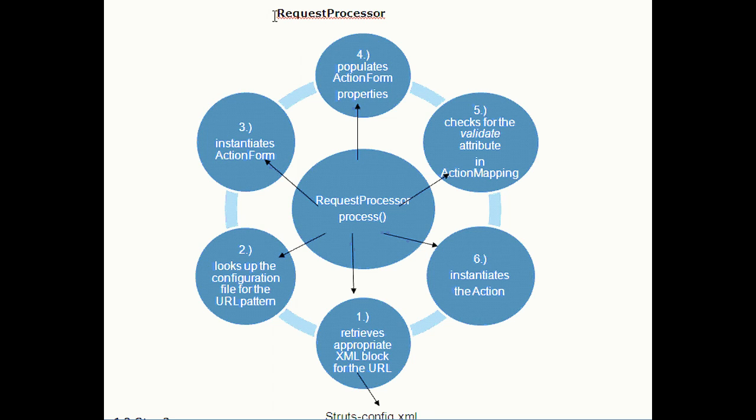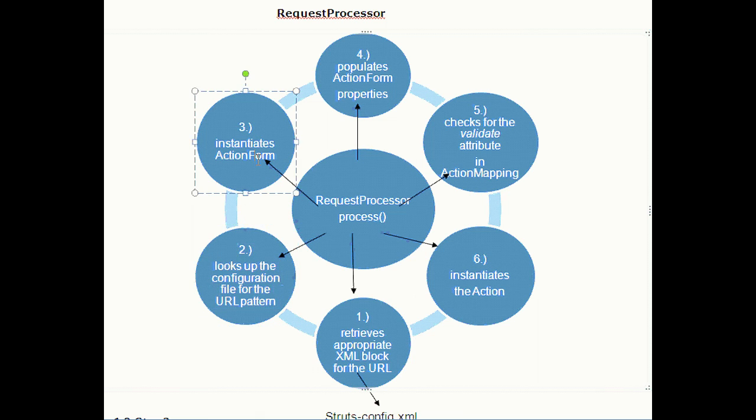After the Struts configuration file is loaded into the memory, the request processor class does the following things by using its process method. First, it will retrieve an appropriate XML block from the Struts configuration file for the URL. In the second step, it will look up the configuration file for the URL pattern.